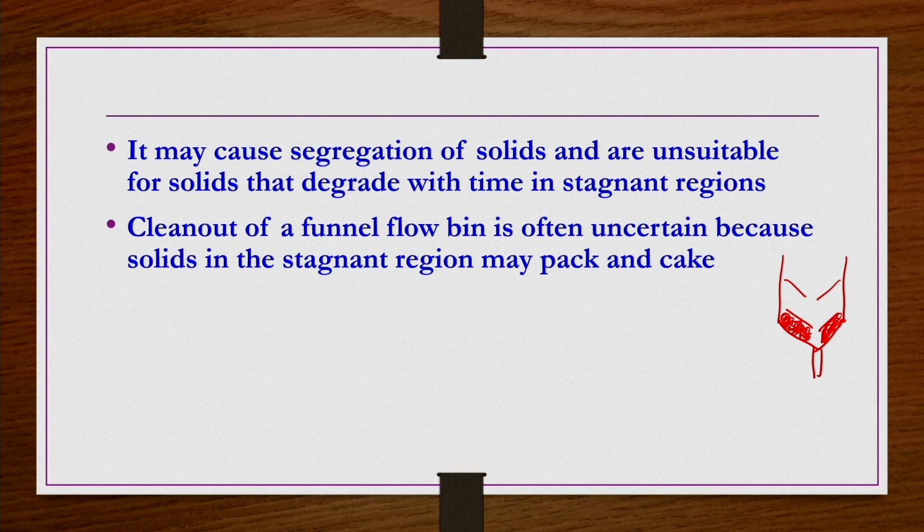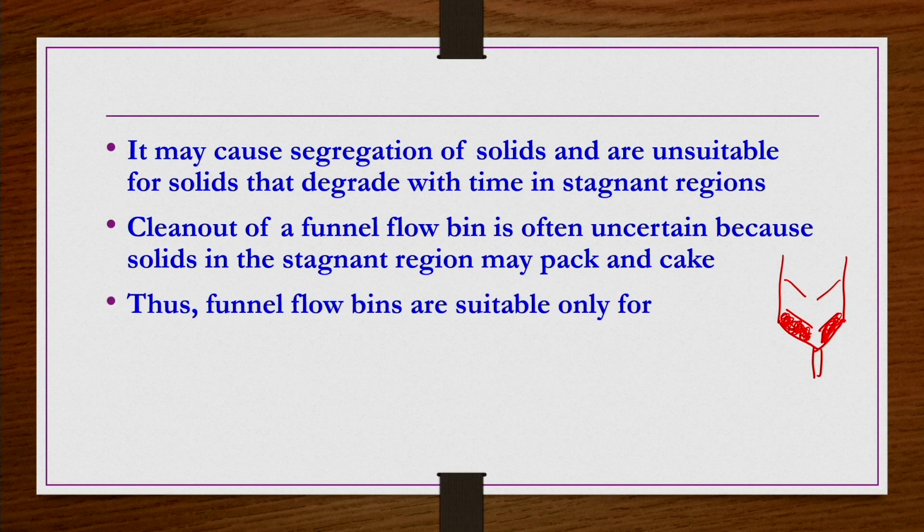Then even if you draw out the entire material, some material may be sticking there because of the packing and caking, and because of that, complete cleanout of funnel flow bins is also very difficult, very uncertain.